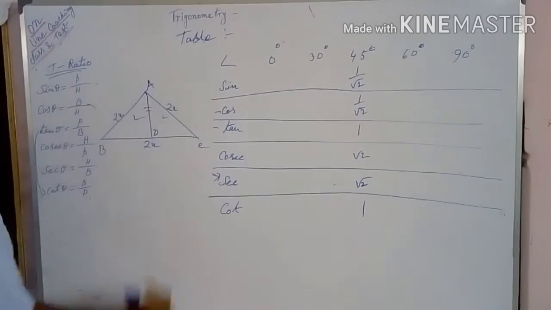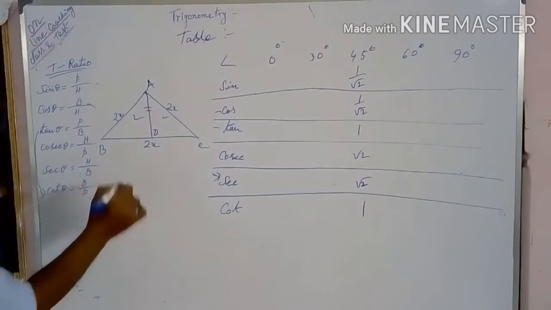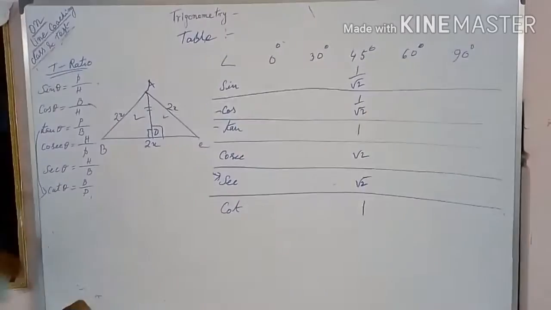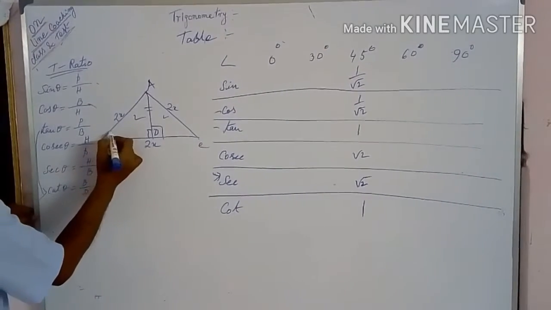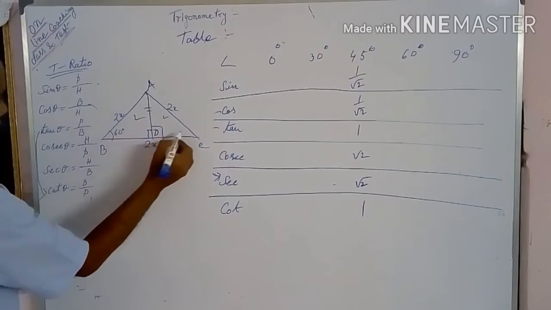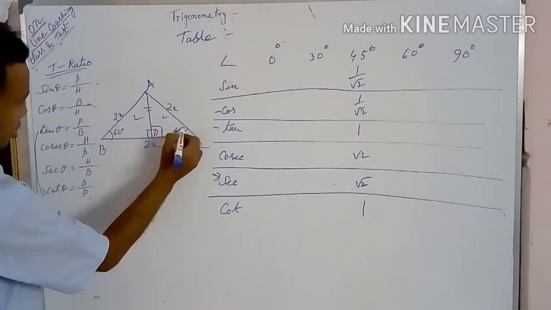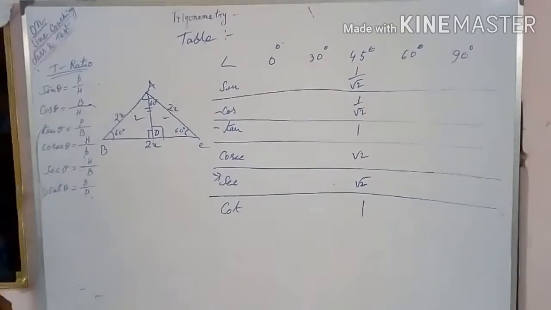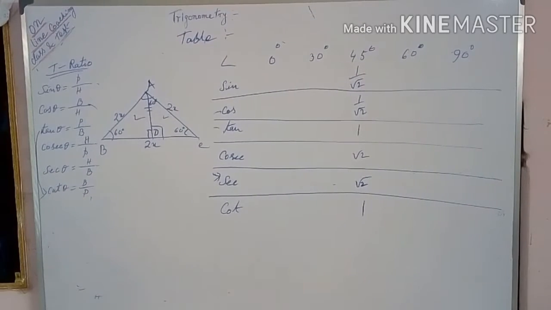This side is common. This is 90 degree, this is also 90 degree. Since this is an equilateral triangle, all angles will be 60 degree.